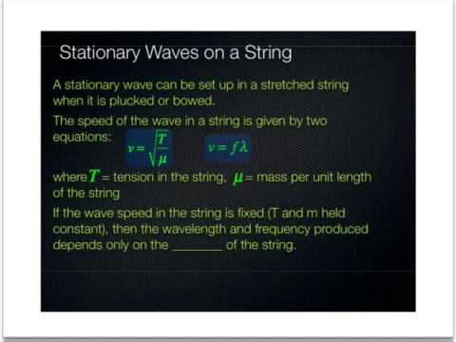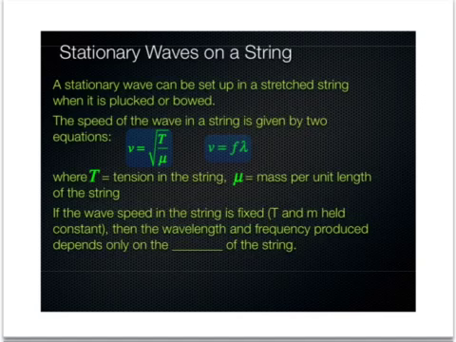There are a couple of equations which relate to the speed of the wave in the string. The second one is the most important one for us, but the first equation, involving tension and mass per unit length, is of interest. We are familiar with tension being increased when you are wiring up a guitar and so on.